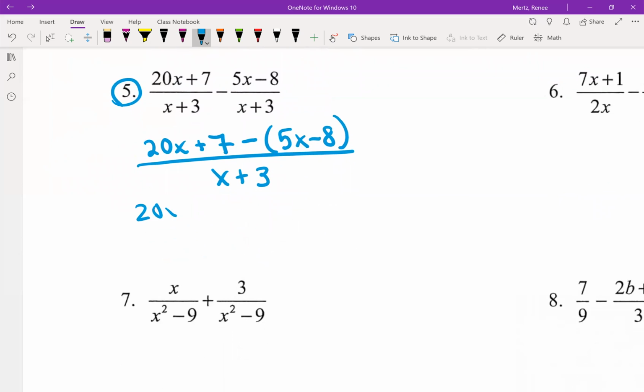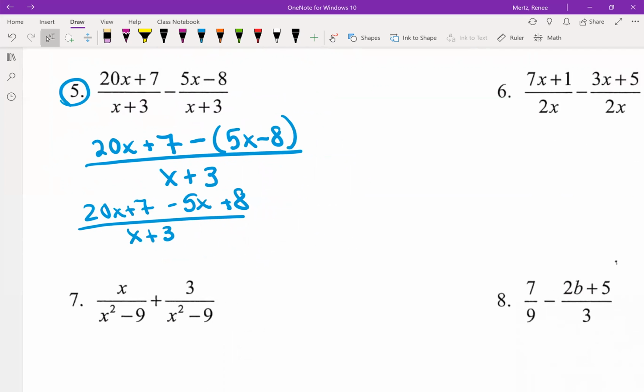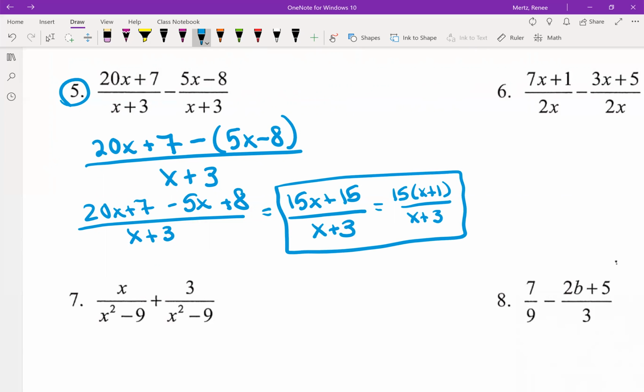So we have 20x plus 7 minus 5x plus 8 all over x plus 3. We combine like terms. We have a 15x plus 15 over an x plus 3. If you wanted to write it as 15 times x plus 1 over x plus 3, that would be fine. Either answer is okay, whichever one you like better.